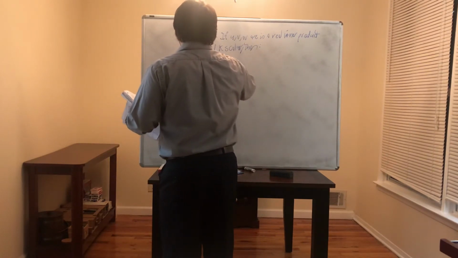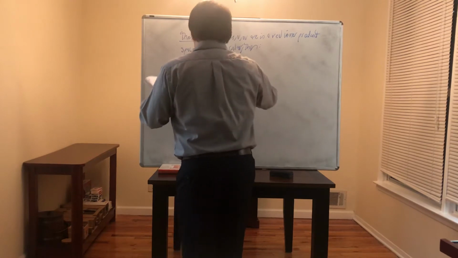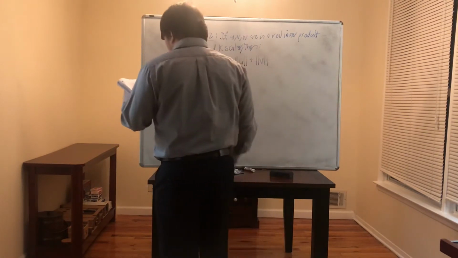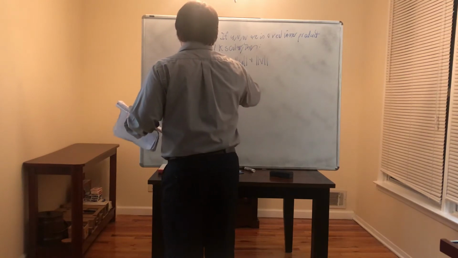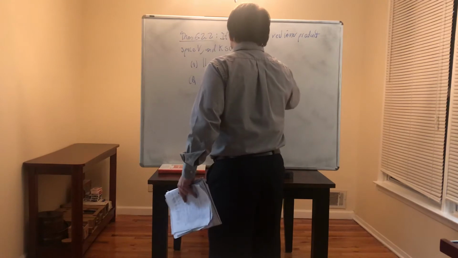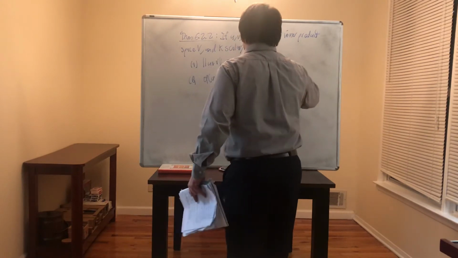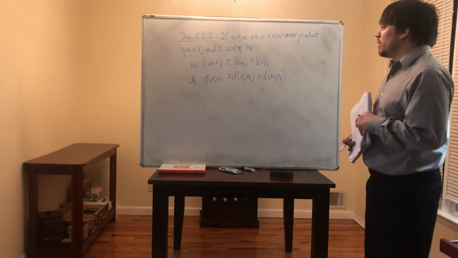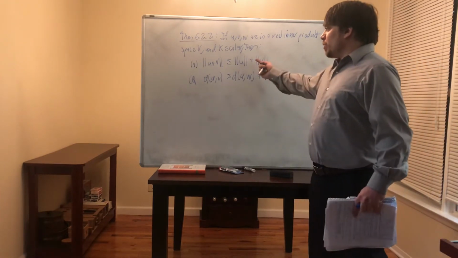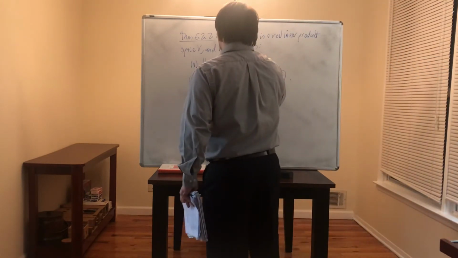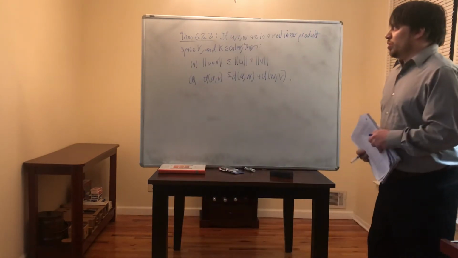A, the norm of u plus v is less than or equal to the norm of u plus the norm of v. And B, the distance between u and v is less than or equal to the distance between u and w plus the distance between w and v. So this is the triangle inequality for norms, and this is the triangle inequality for distances. These are the names of those two inequalities. Okay, and that's theorem 6.2.2.